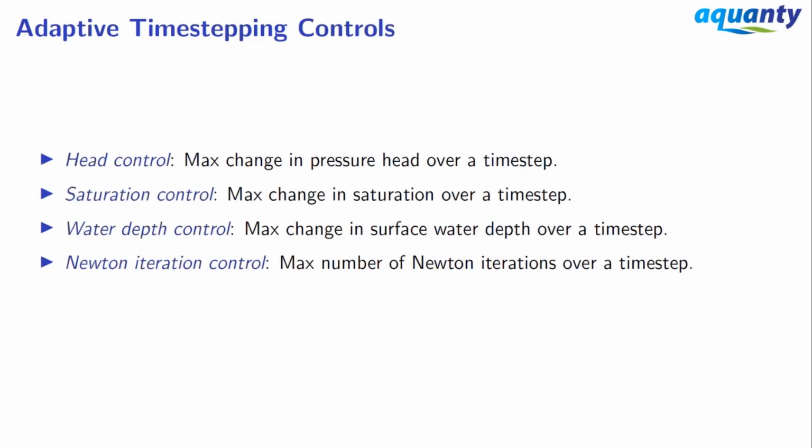As I mentioned, there are a number of adaptive time stepping controls in HGS. There is a control based on the maximum pressure head over a time step, the maximum change in saturation, the maximum change in surface water depth, and the maximum number of Newton iterations. You must specify at least one of these controls in order for adaptive time stepping to be activated.